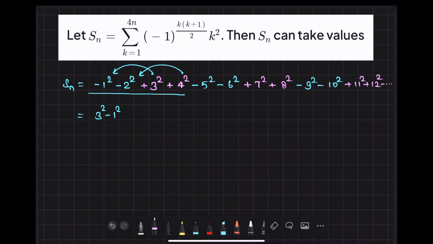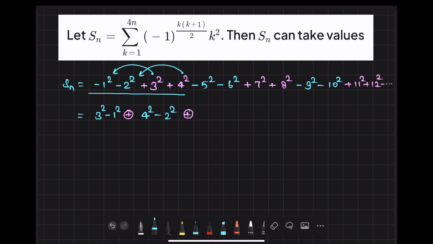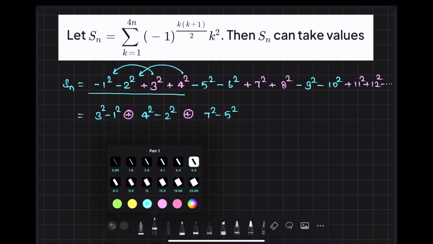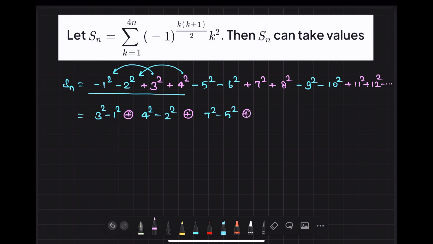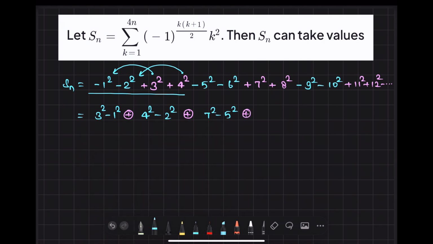For segregation I'll be using this. Then I'll collect 4 square minus 2 square. Then I will connect 7 with 5, 7 square minus 5 square. Then I will connect 8 square minus 6 square.